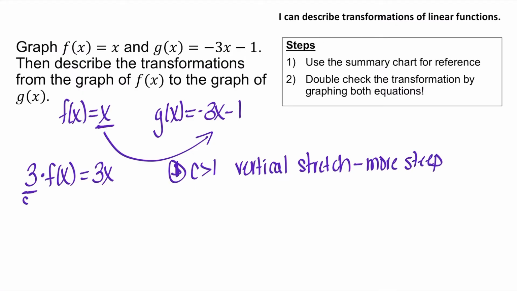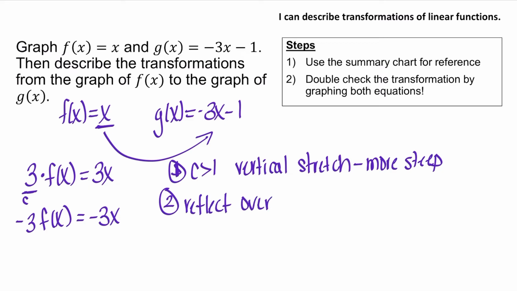Now let's think about the second change. The second change is that this is negative, so this is going to be negative 3f(x), that is, negative 3x. The negative is going to make it reflected over the x-axis, because that's what happens when f(x) goes to negative f(x). Now what else is happening? I have a minus 1.